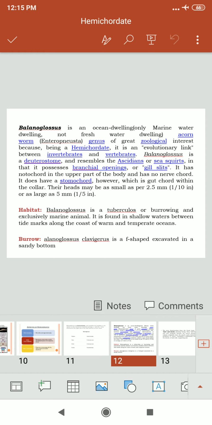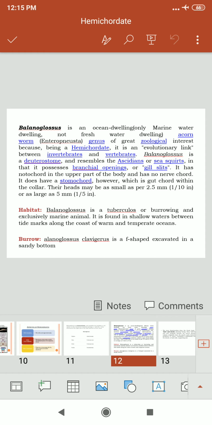See, this Balanoglossus is an ocean-dwelling, only marine water dwelling, not freshwater dwelling, acorn worm. Enteropneusta is a genus of great zoological interest because, being a hemichordate, it is an evolutionary link between invertebrates and vertebrates.